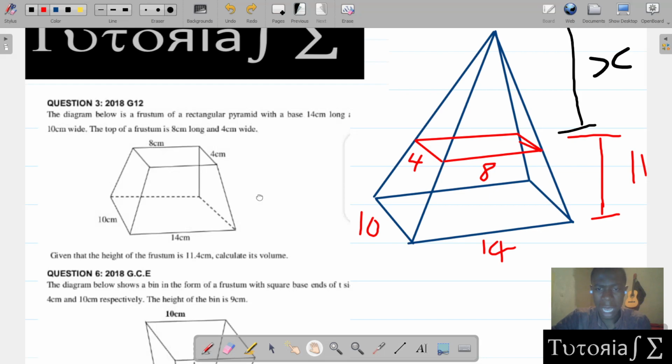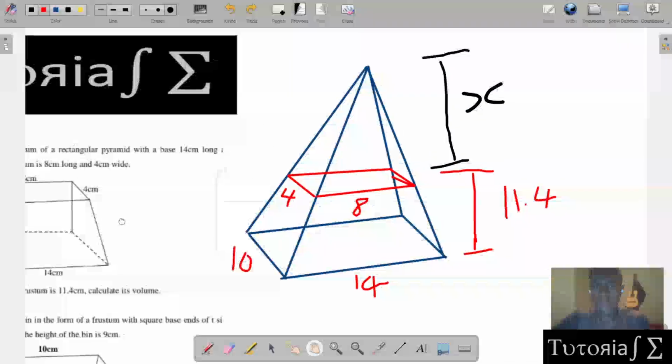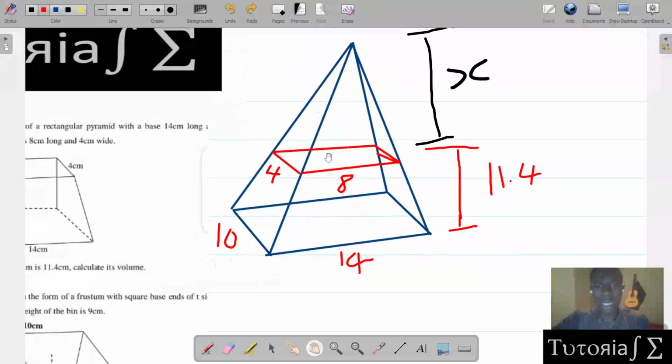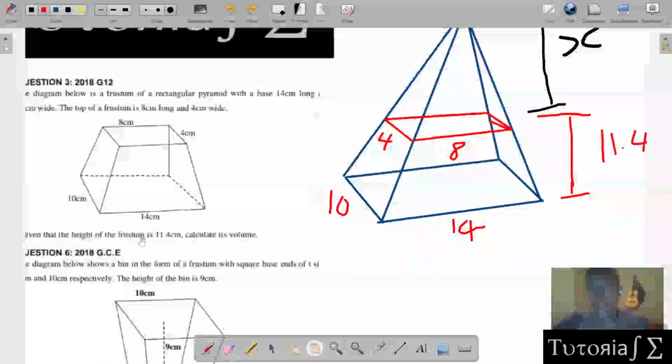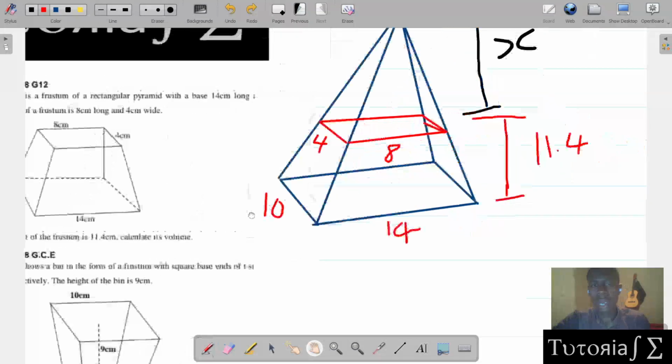Okay, so this is how the pyramid might have looked. These are the top part which was cut, which we don't know, but we've been told that the height of the frustum was 11.4 centimeters.